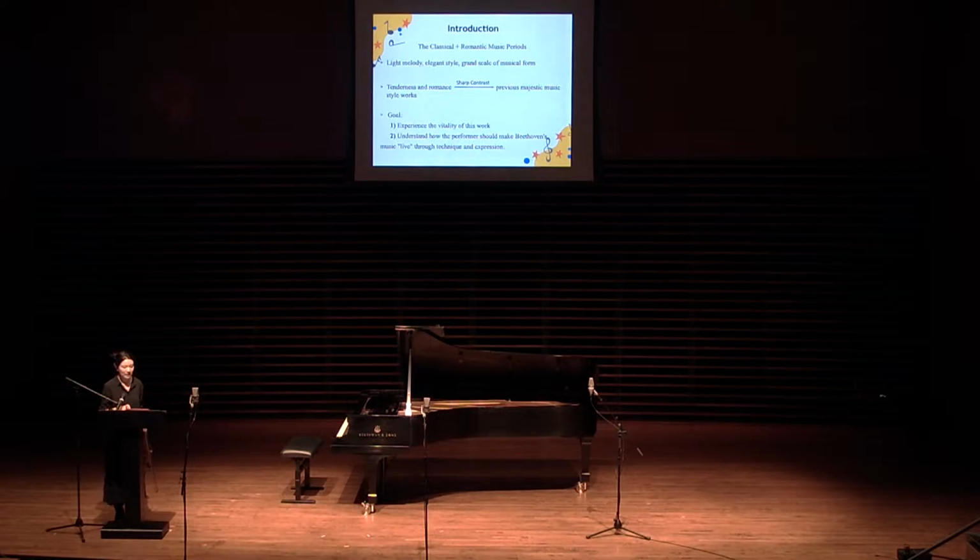This whole concerto is divided into 3 movements, and today's lecture recital will focus on the third movement, Rondo Allegro. This movement has a light melody, elegant style, and grand scale of music form, expressing Beethoven's tenderness and romance in his heart, which is in sharp contrast to his previous majestic music style works.